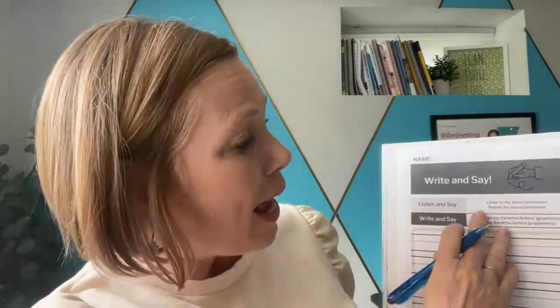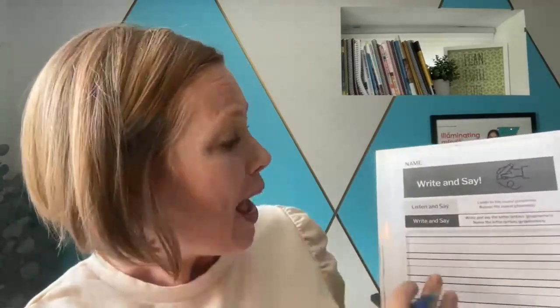So you have your directions right here. Listen to the sound, which is the phoneme, and repeat the sound, and then write it and say it. After your students hear the sound, they are going to write the grapheme that goes with that phoneme, and then at the end, they are going to tell you what letter or letter combinations make that sound.